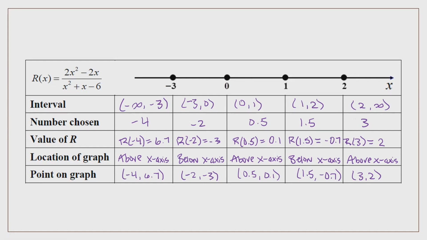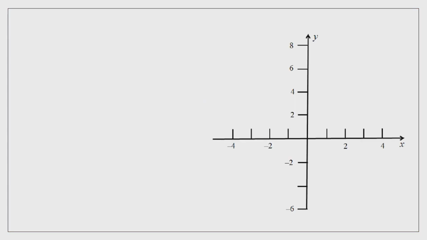Alrighty, so now that we have some points, we can now graph. So first things first, let's graph our vertical asymptote and our horizontal asymptote. So we have two vertical asymptotes in this problem. We have one at -3. And we have one at 2.